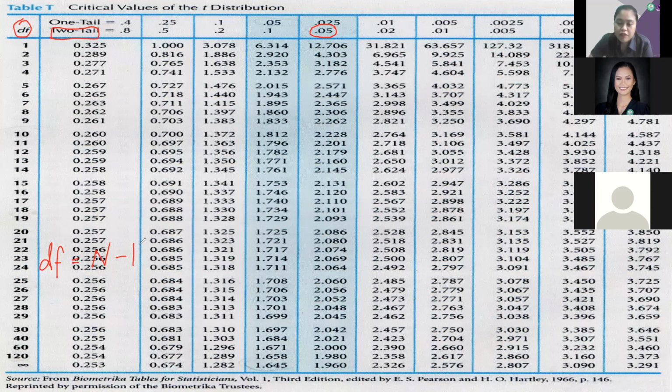They can differ from one another. So we are talking about the sample size. Again, if only one group, that's n-1. But if two groups are being compared, that is n1 plus n2 minus 2. This is the formula for the DF.